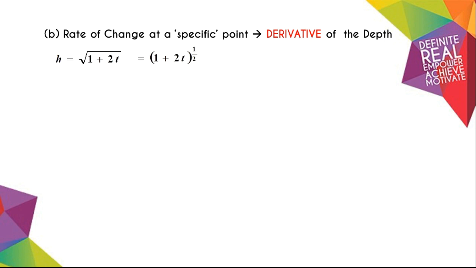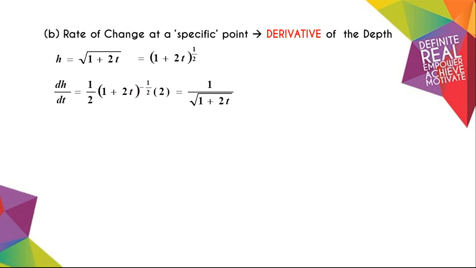Then, because the rate of change at the specific point is the derivative of the depth, the first derivative of h equals 1 over 2 times (1 plus 2t) to the power of negative 1 over 2, times 2, using the chain rule.